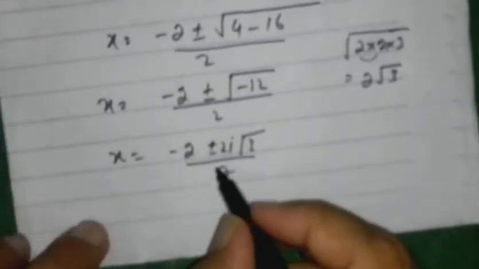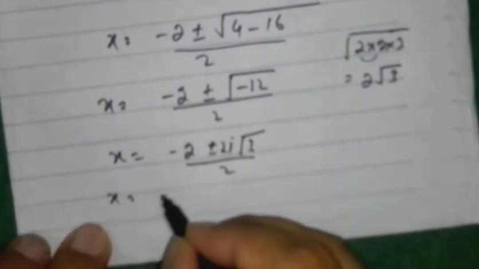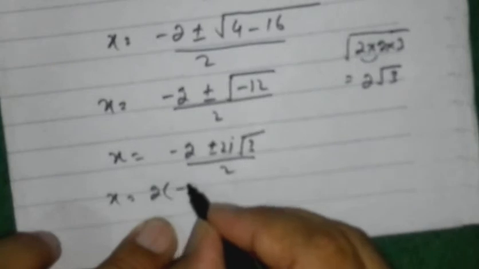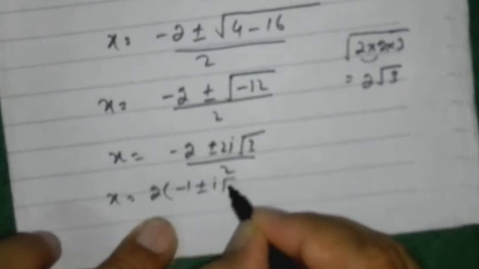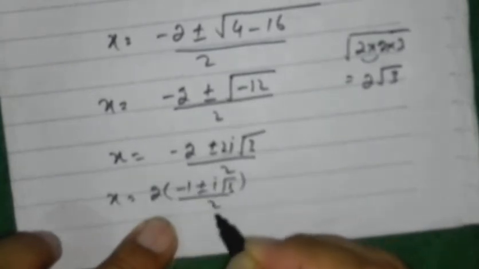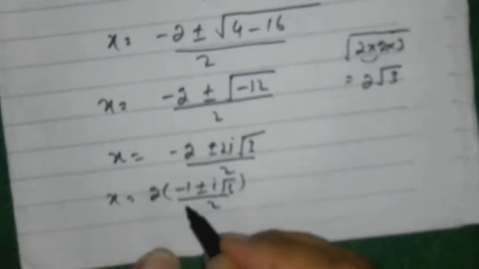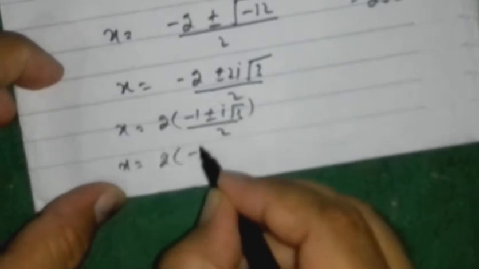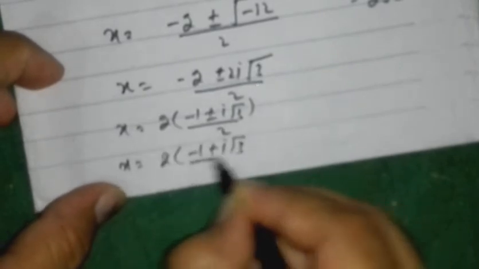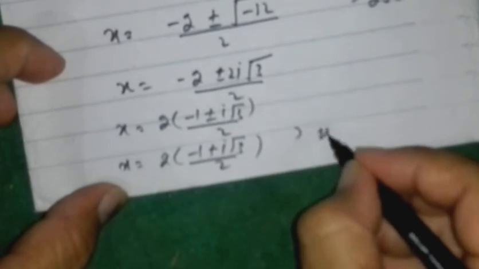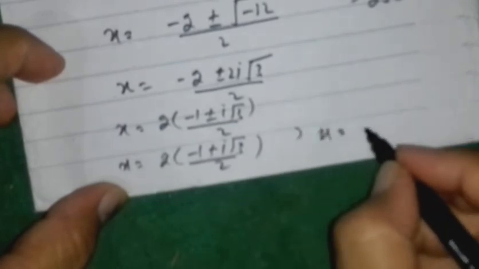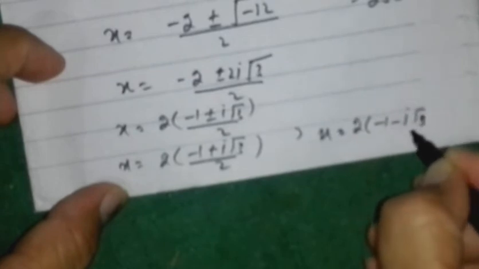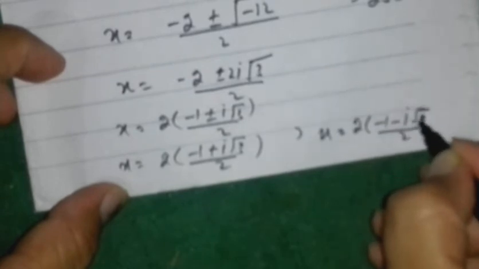Now take iota 2 common, so we can write it as minus 1 plus minus iota under the root 3 divided by 2. Don't cancel these two. Okay, write it as x equals 2, minus 1 plus iota under root 3 by 2, and x equals 2, minus 1 minus iota under the root 3 divided by 2.